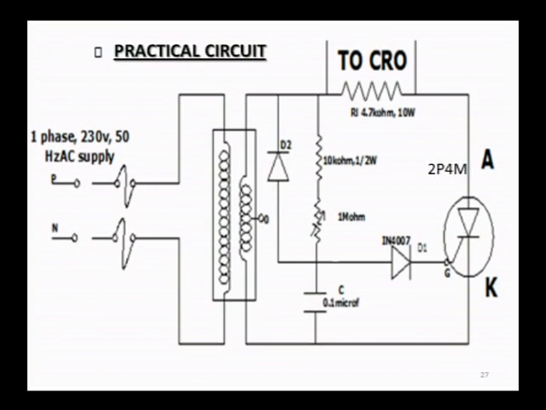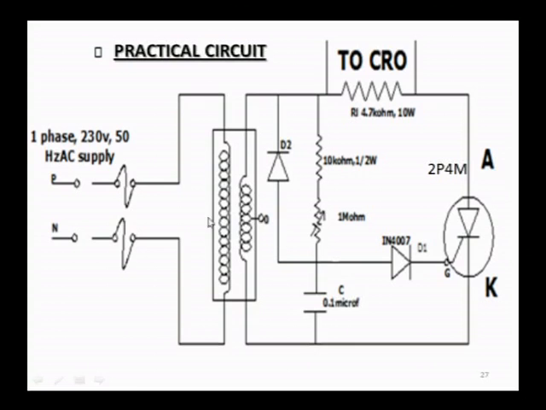then this is the practical circuit, in which you have a 9-0-9 transformer, and this is the capacitor, and this is a diode, okay, it is a protective diode, and then this is the actual practical circuit. So, if it is not visible, I will tell you the values.